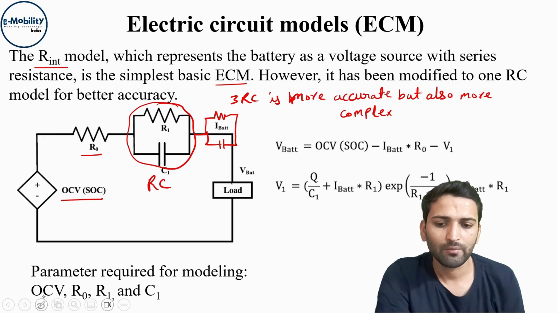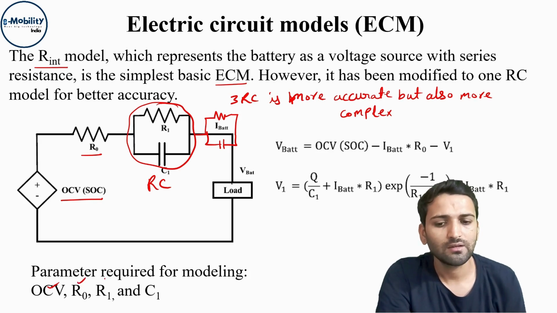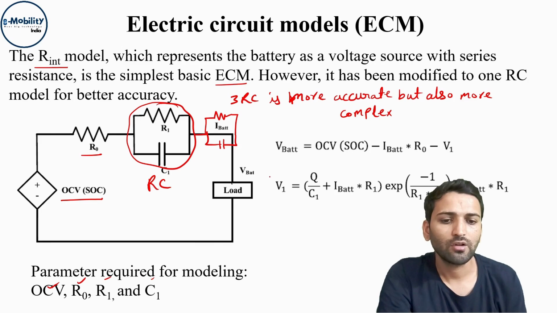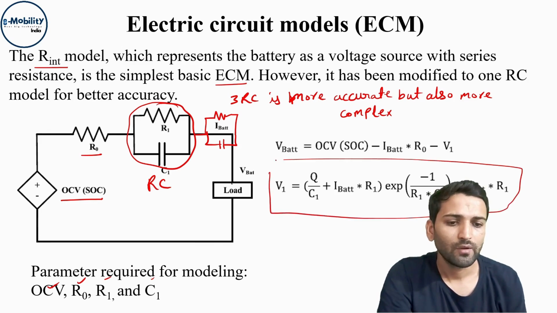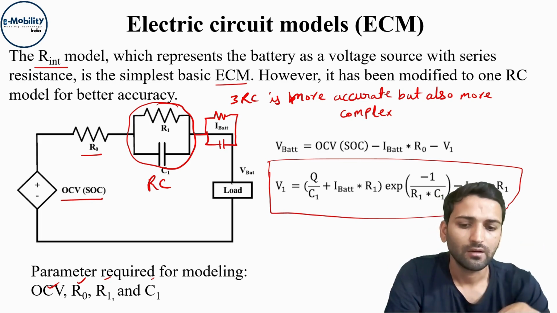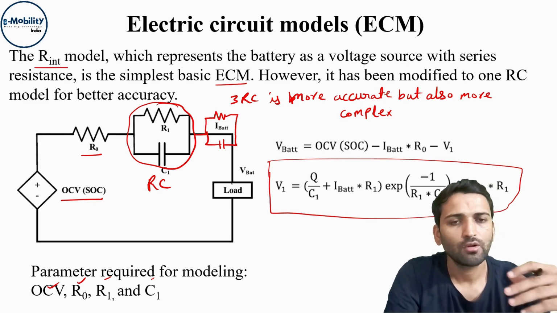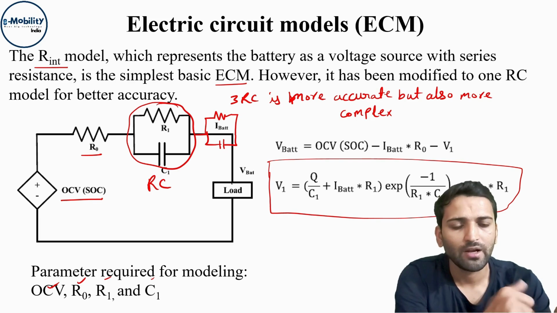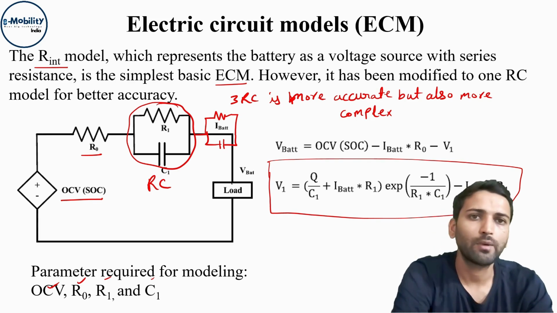So there are parameters: the open circuit voltage, which we all know of the battery, then R0 internal resistance, R1 and C1. Depending on these, we can estimate the voltage at any moment using the open circuit voltage, R0, R1, C1. The first step before modeling a battery is to measure its resistance and obtain these parameters.